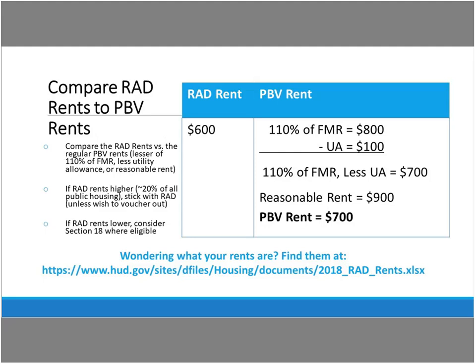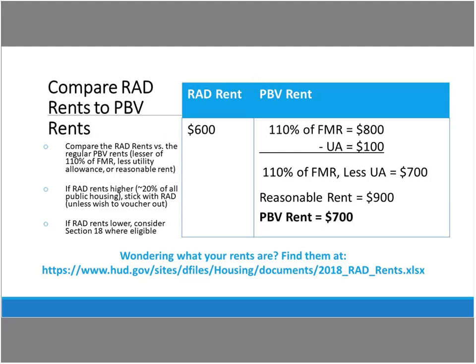Comparing rents. So this is a slide that illustrates this difference that I had mentioned before. In this box, we see an example of a RAD rent of $600. If you recall from our first session, we said that a RAD rent plus a utility allowance is your gross rent.